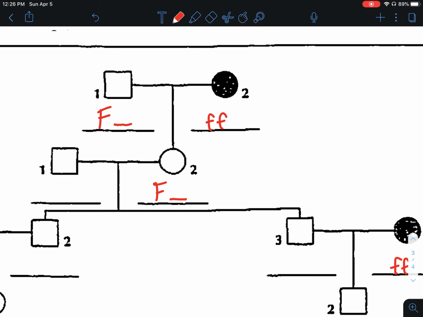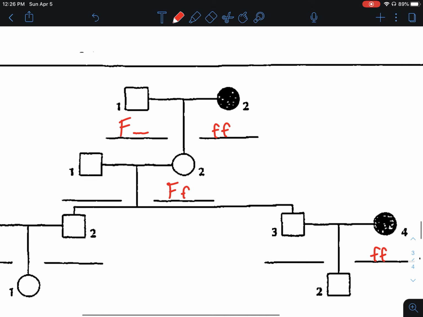Same there. Okay, well we know for certain that this one has to be a carrier because one allele comes from mom and one comes from dad, and dad definitely sent the capital F. That means mom obviously has only the option to send a lowercase f. So we have that.